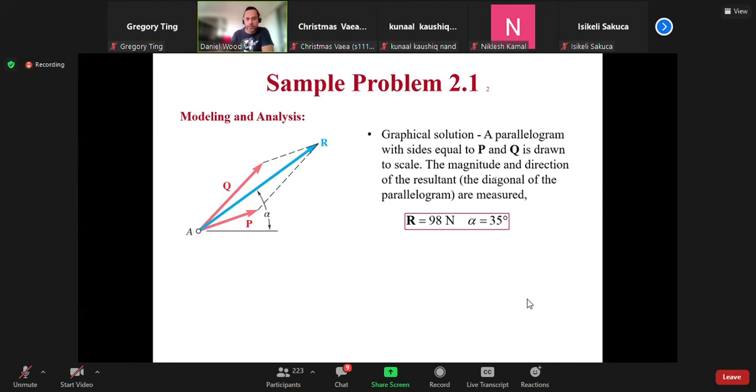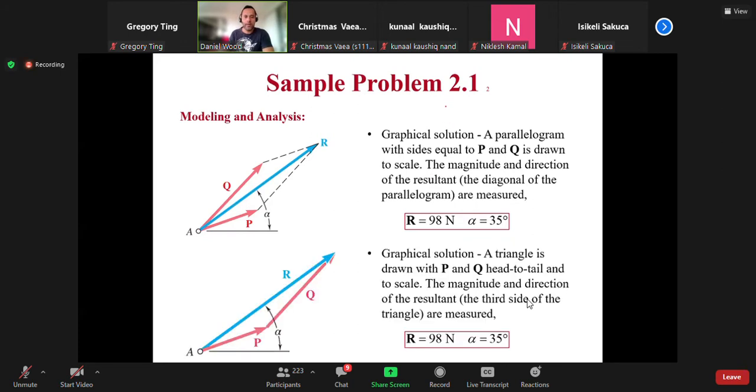Okay, and then the next one is the graphical solution using the triangle rule. So here I've got Q and P, and they both have a line of action at A. Now what I want to do is displace Q and put it at the tip of P. Once I have that, I can then draw my line of action for the resultant, from A through to the tip of Q as it's displaced, and I get R. So that's the other graphical means that you can do it.